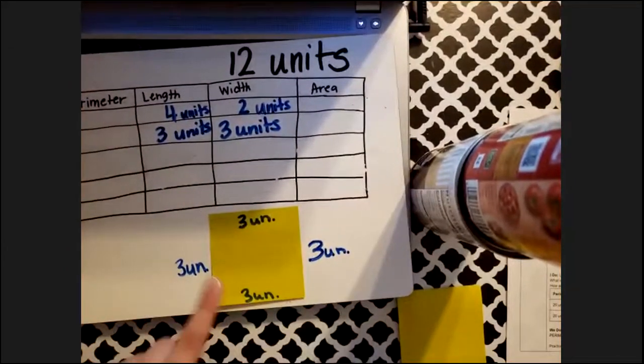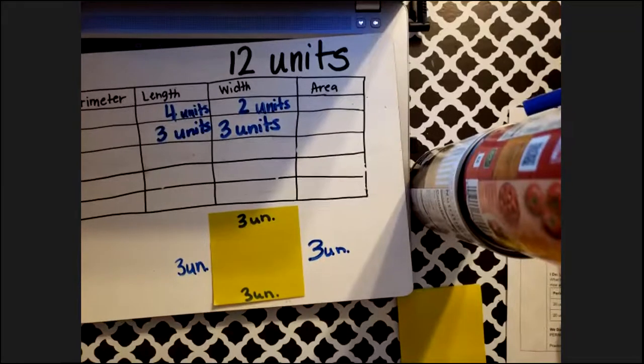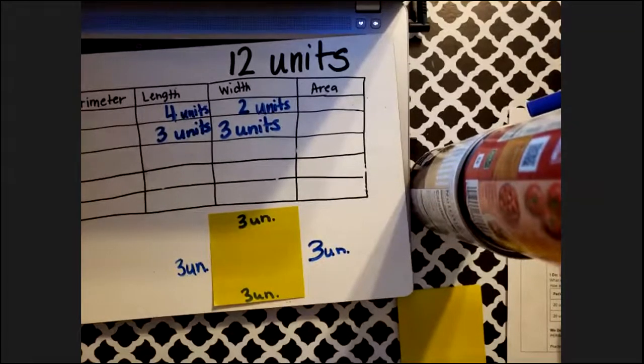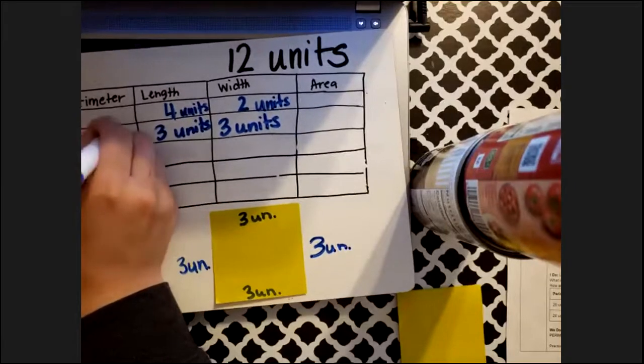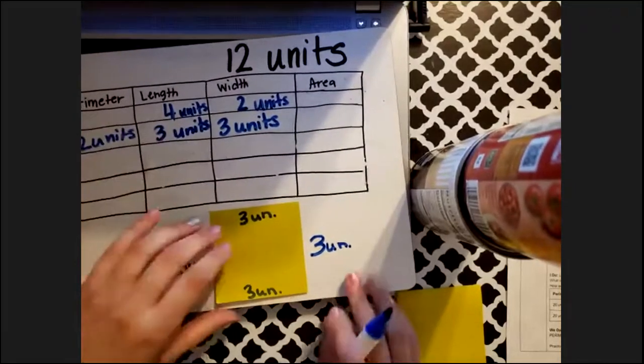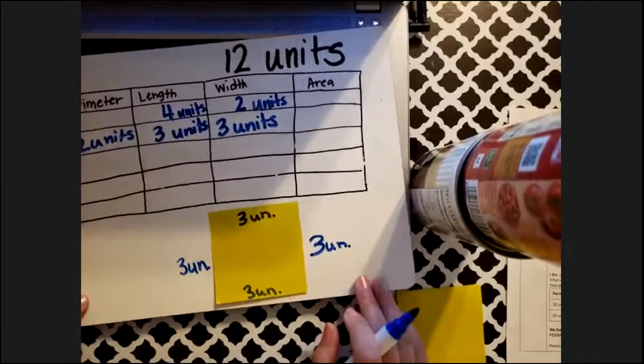So 3 plus 3 plus 3 plus 3. What's 3 plus 3 plus 3 plus 3? Quick, raise your hand. Somebody just unmute themselves and tell us for the sake of time. It is 12. Is that what we're looking for? Yeah, it sure is. So the perimeter is 12 units. Good call, Patience.